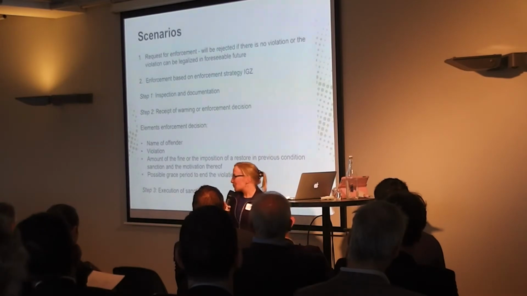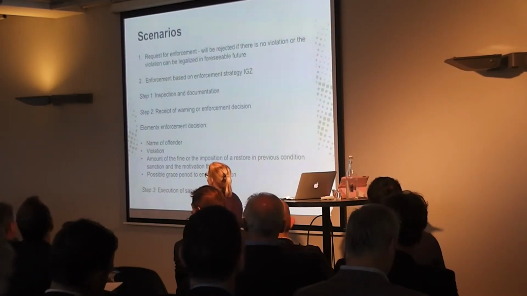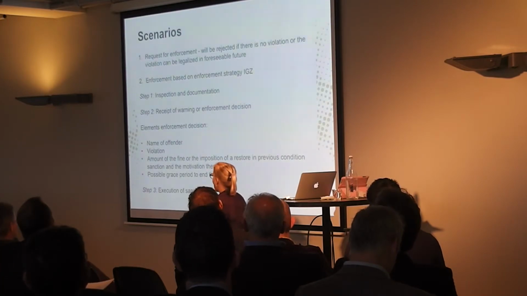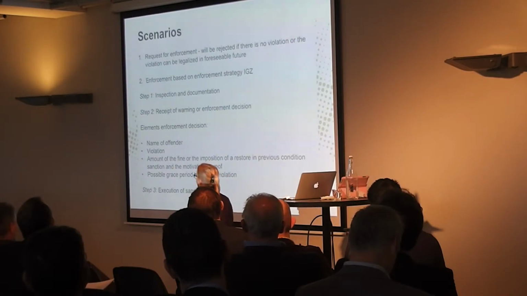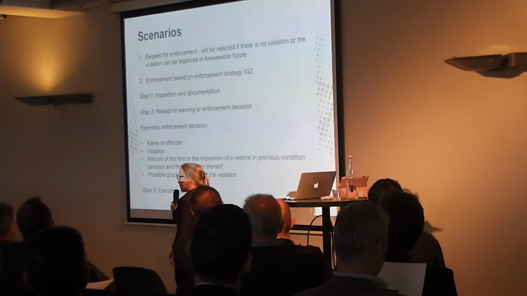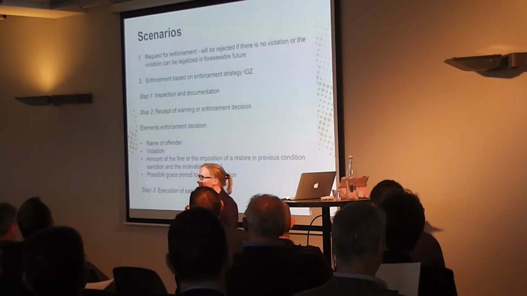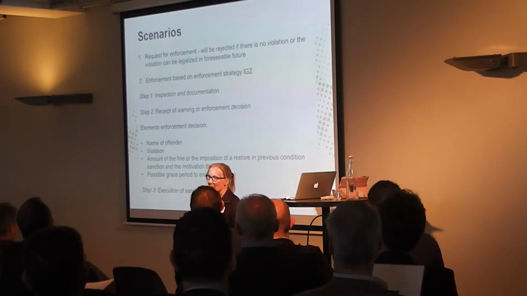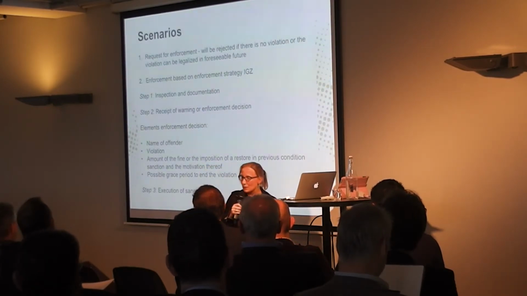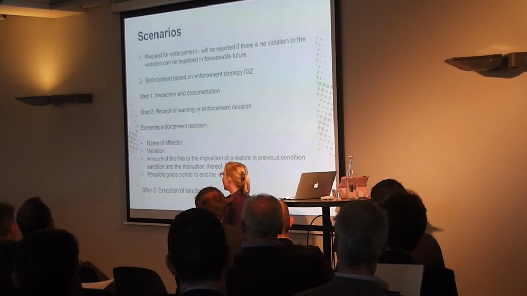So what can you expect from 1 January on? Well, basically there are 2 ways you can get enforcement. Enforcement might be triggered by a request for enforcement. A request for enforcement can be filed at the inspectorate by, for instance, a patient who's concerned, but also by competitors or other parties.